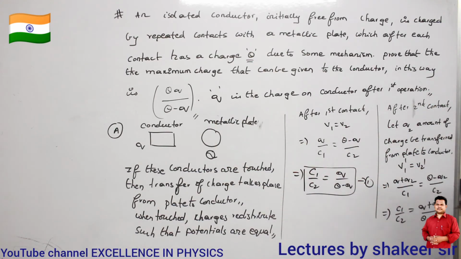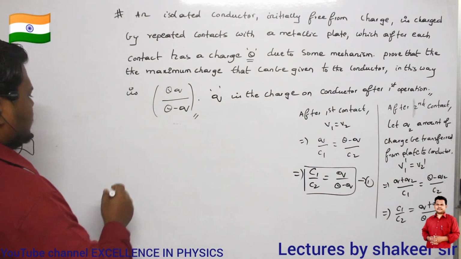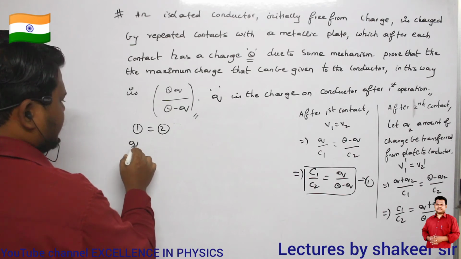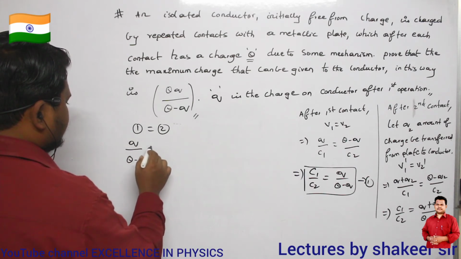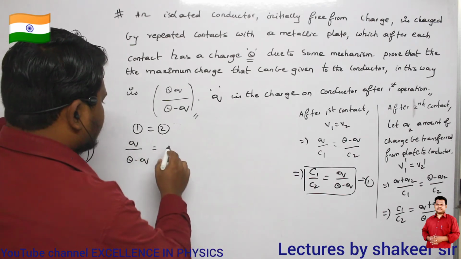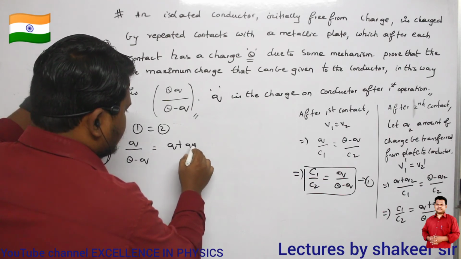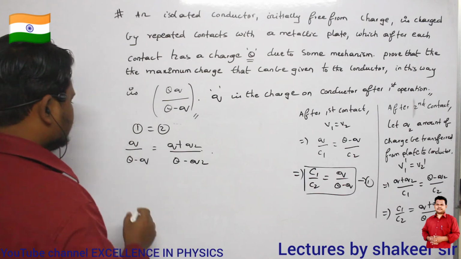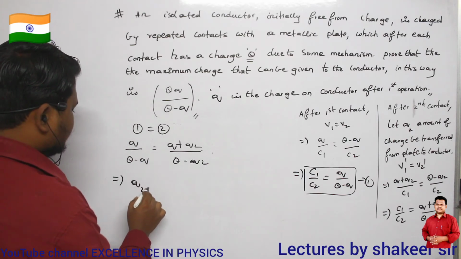So equating 1 and 2, I get Q divided by (capital Q minus Q) equal to (Q plus Q2) divided by (Q minus Q2). From this, first of all calculate the Q2 value.